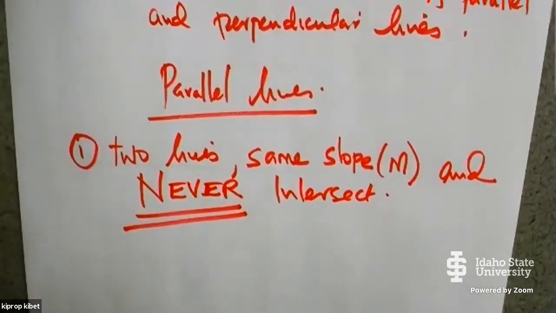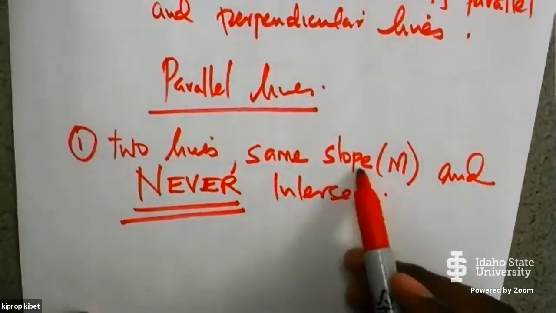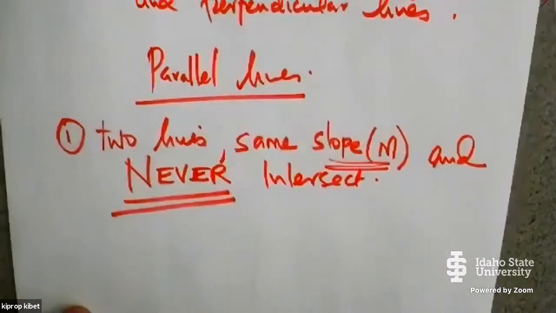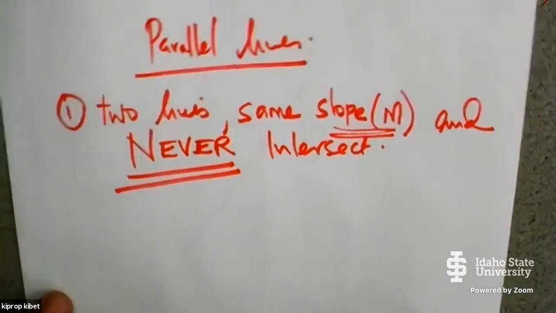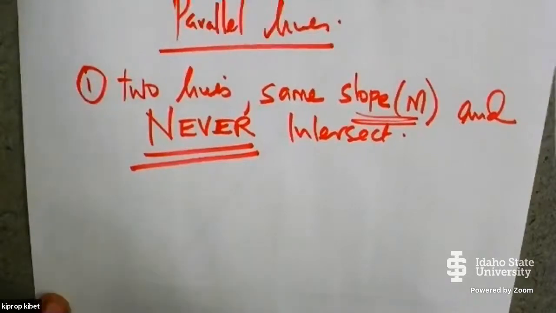So two lines that have the same slope will never intersect.